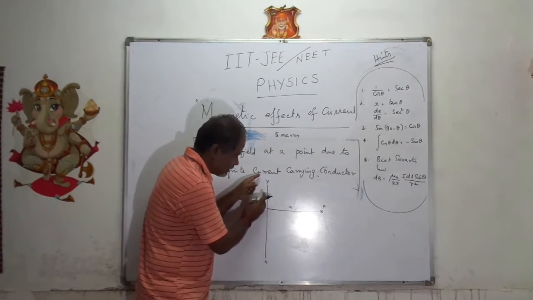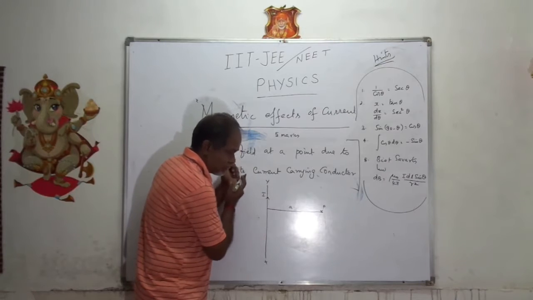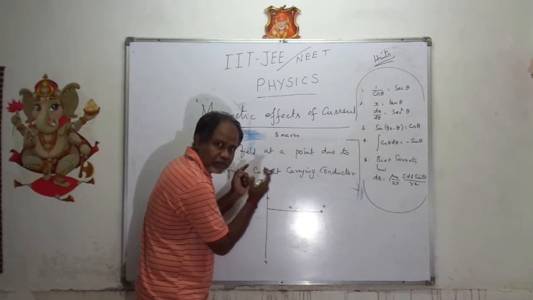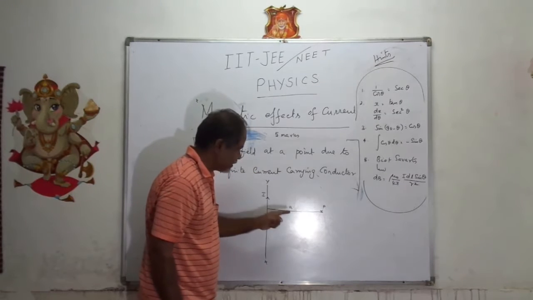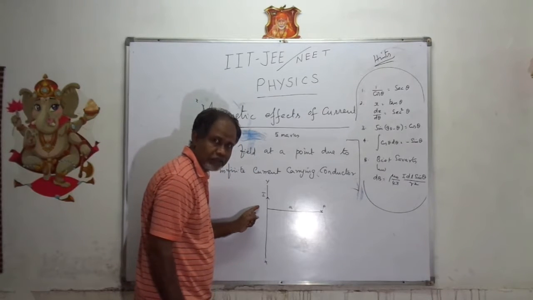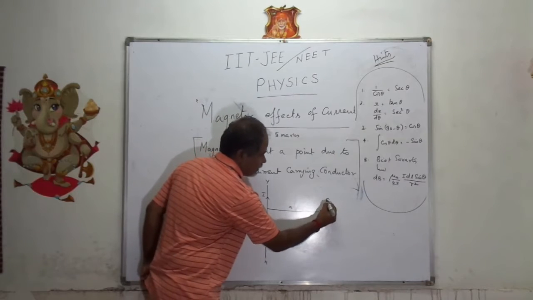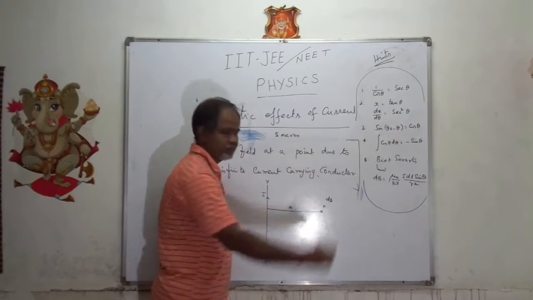When a current flows, there is a magnetic field around the wire. In this magnetic field, I am selecting a point P at a distance A from the wire. Now I am going to find the magnetic field at P.